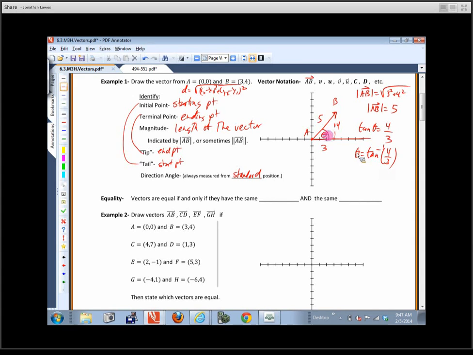Why do I expect that angle to be bigger than 45 based on the size of these two sides in particular? Because the ratio there is bigger than 1. The opposite side is bigger than the adjacent side, so this is going to be a bigger angle than that one up there. And when you do that, roughly what is that angle? 53.13. So there's our direction angle. Any questions?